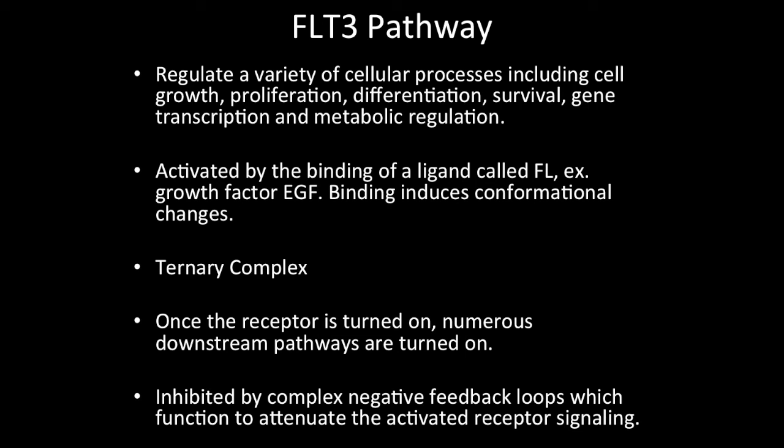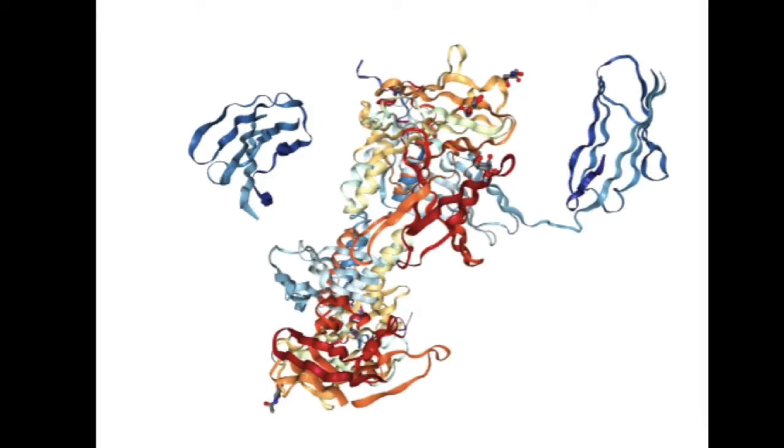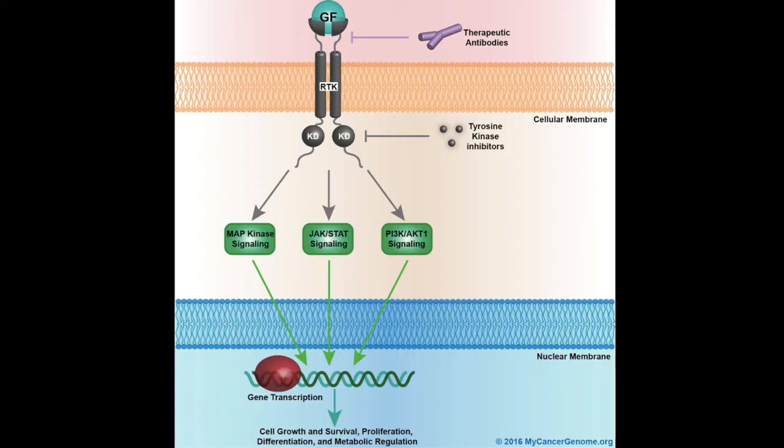Typically, one FL will bind to two FLT3 monomers and thus form a ternary complex with dimerization of FLT3. FL activates FLT3 by cross-phosphorylation of intracytoplasmic tyrosine residues within kinase domains. Once the receptor is turned on, numerous downstream pathways are activated, including MAP kinase signaling.